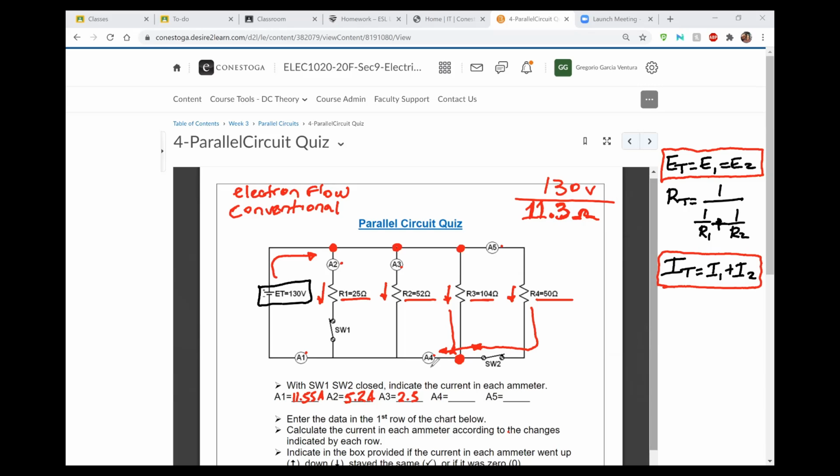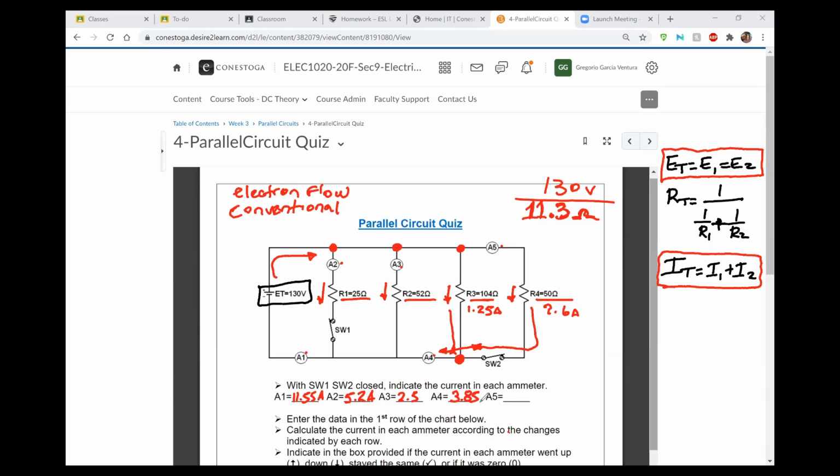So something that you can do, and I'm just going to do it for simplicity's sake, is say 130 divided by 104. That's going to give me 1.25 amps for that load. And then 130 divided by 50 is going to give me 2.6 amps. Now that I have 1.25 plus 2.6, I can apply this rule.